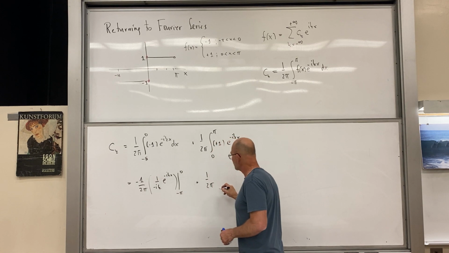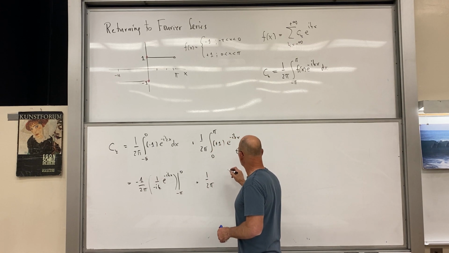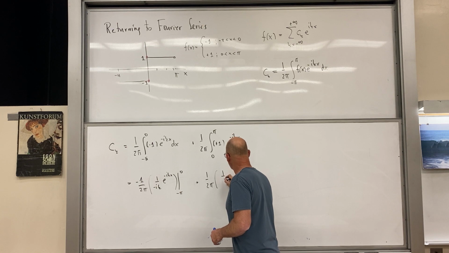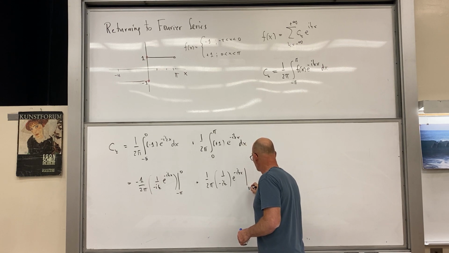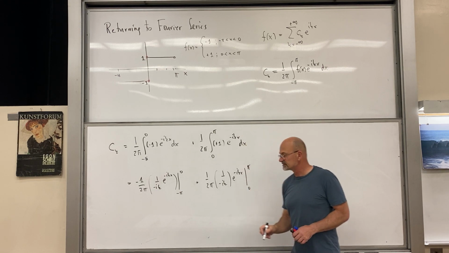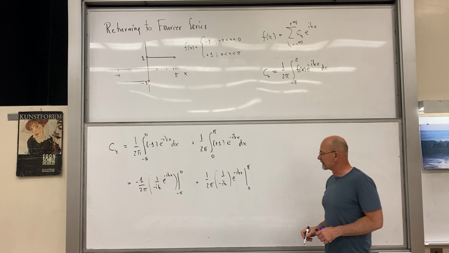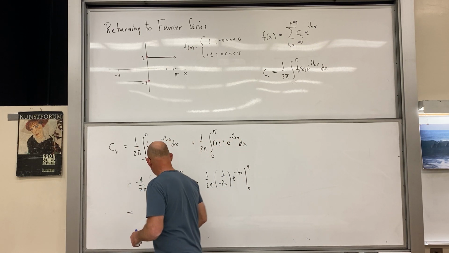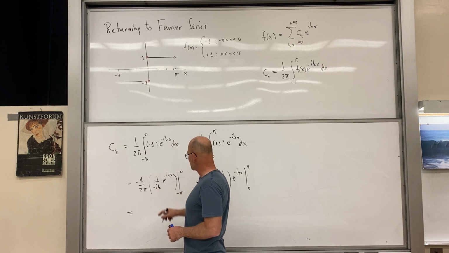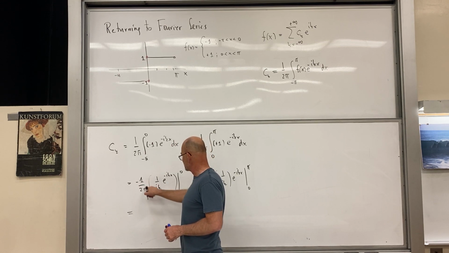And here we have +1, 1 over minus I k, e to the minus I kx, from 0 to pi. So what do we have here? We'll keep the I in the denominator, but we can get rid of these two minus signs.